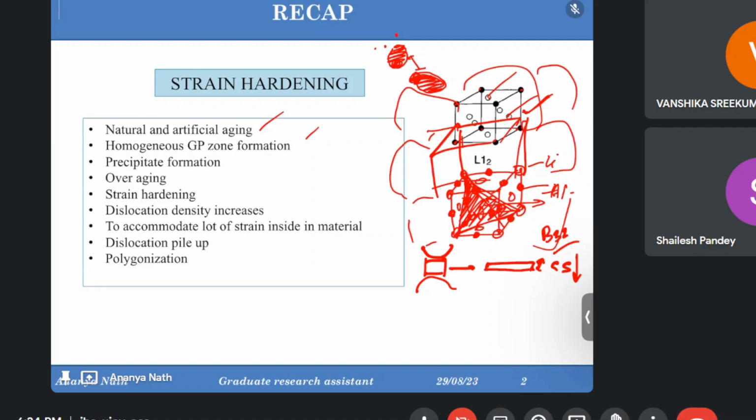This is why dislocations have plenty of slip systems or slip planes inside a particular lattice. Also, in a particular unit cell, sometimes lattices have multiple slip systems. In that case, the dislocations find more than enough places to move forward. This is why the movement of dislocations is easier than the movement of solute atoms.